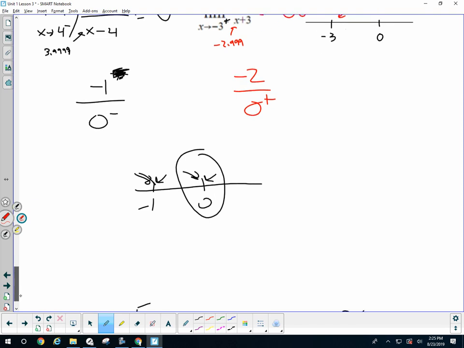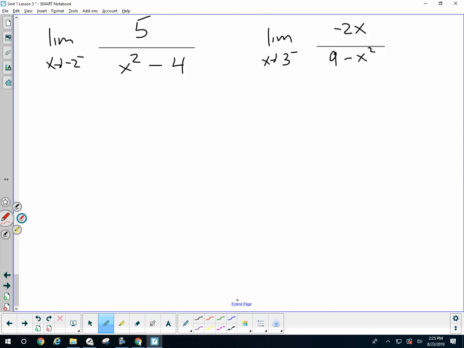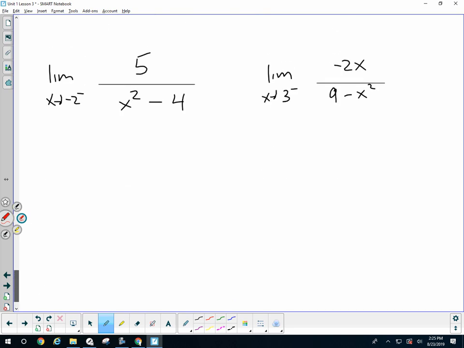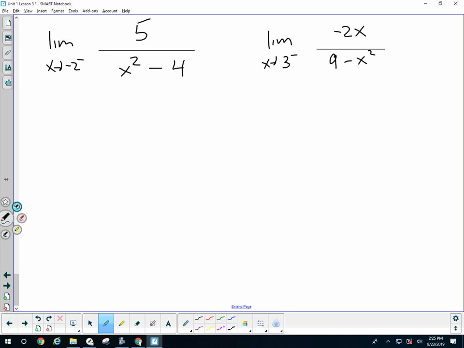Okay, 2 more. The vertical asymptotes are quicker than the horizontal asymptotes. I'll do this one, you guys do this one. Ready? First, there's that. Square it. I'm going to get a number that's just a little bit bigger than 4.